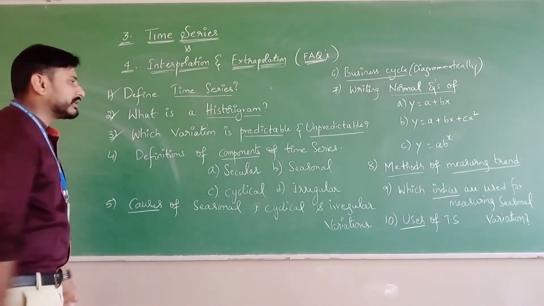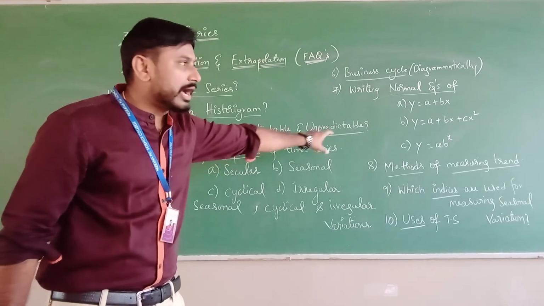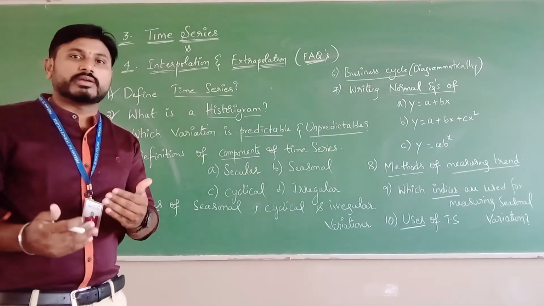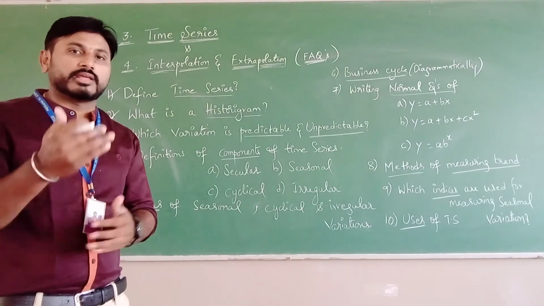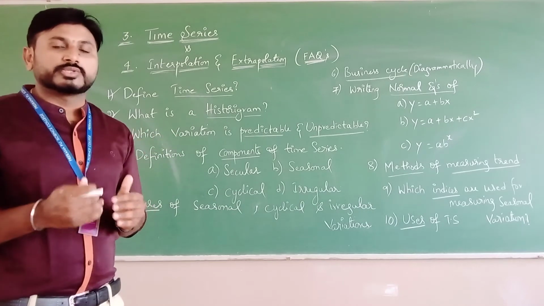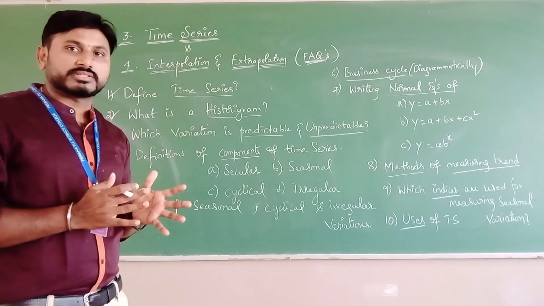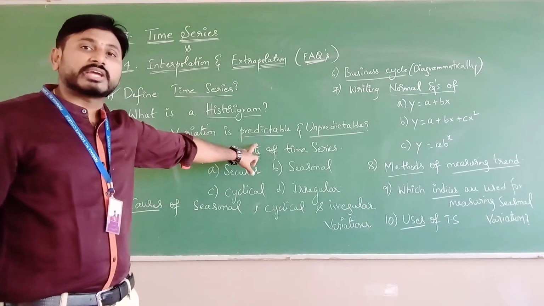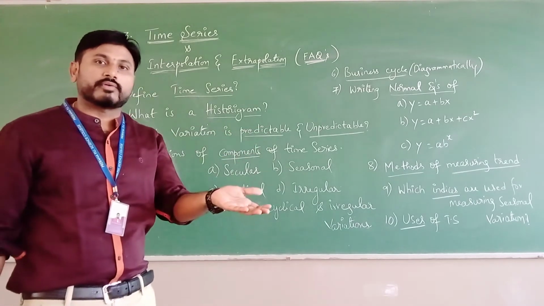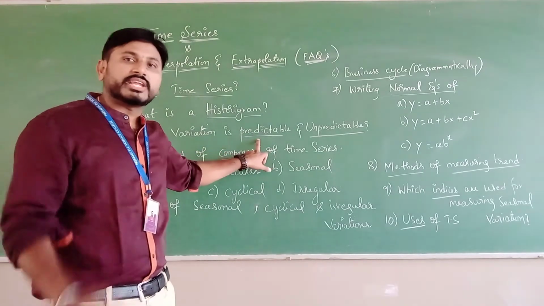Next, question number 3, which variation is predictable and unpredictable? What do you mean by predictable? It means guessing, estimating the future. We can immediately guess what is going to happen, how the variation would occur. If you estimate the future by seeing past behaviors, then we can predict such variations.